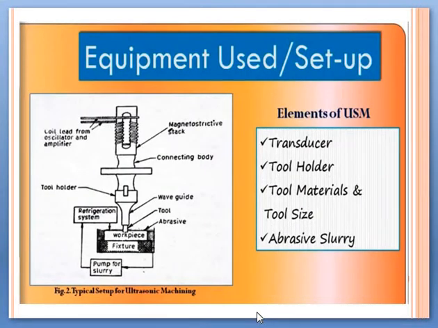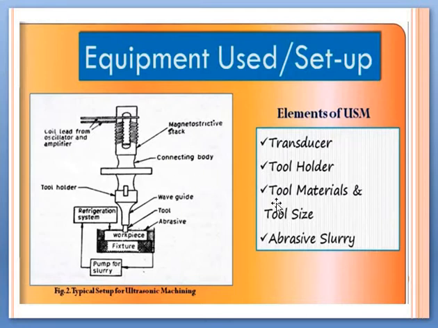Now, what equipment is used in ultrasonic machining? There are four elements of ultrasonic machining. First, the transducer, that is the magnetostrictive transducer, is used to generate the ultrasonic frequency. Then the tool holder, which is used to hold the tool and connect it with the transducer.